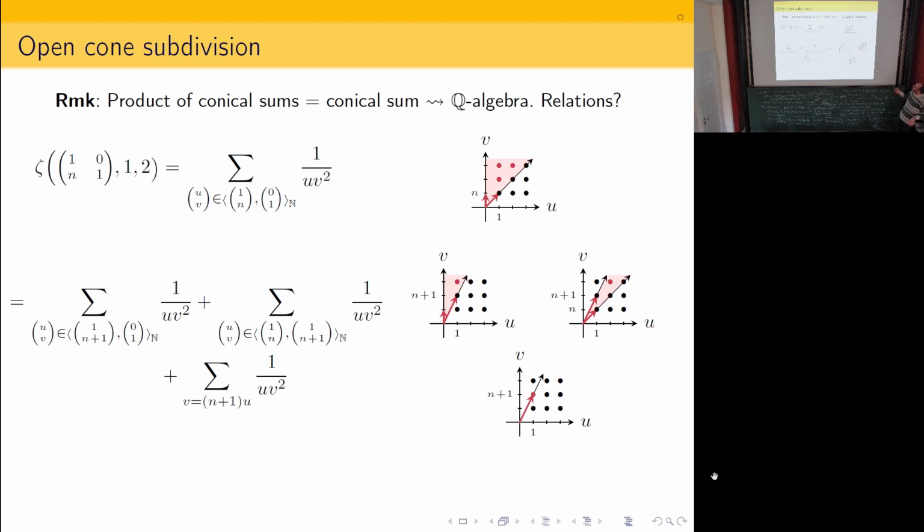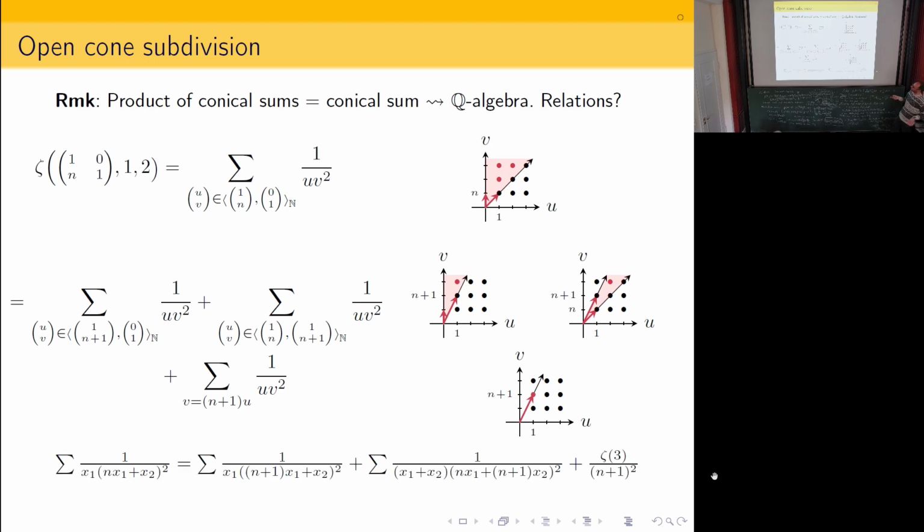And then you can just split this cone into just going from 1 to n plus 1, and then 0, 1, which is this one, and this one, and then you also have the lattice points which lie on this line. Exactly the same you do with multiple zeta values. And okay, you get this exotic relation among conical sums, which can be rewritten in this way by change of variables.